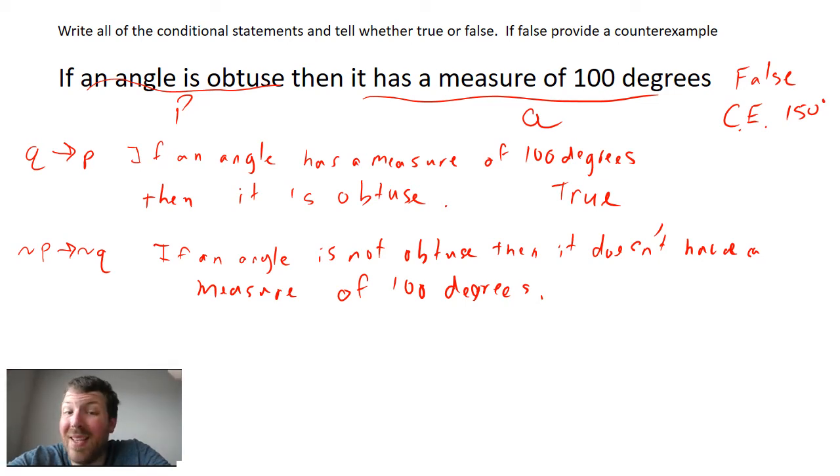So that means it can't be 100 degrees, which is what this is actually saying. So this is true. Okay, that's a true statement. I have an angle that's not obtuse, therefore it's not 100. Can't be 100 because that's obtuse, right? All right, so let's look at the contrapositive, which is not Q implies not P.